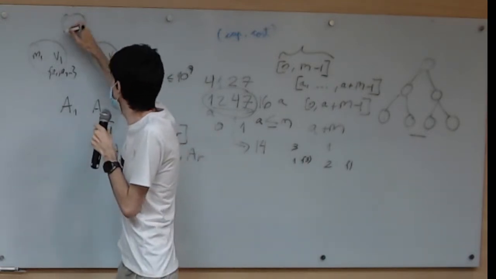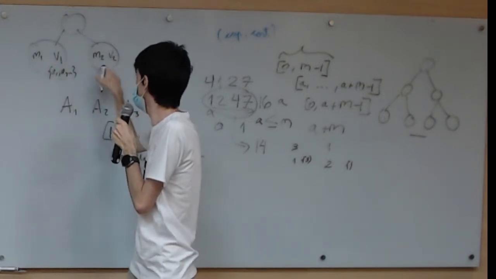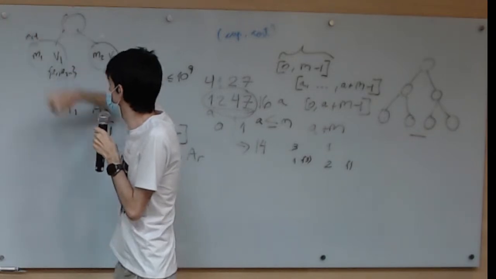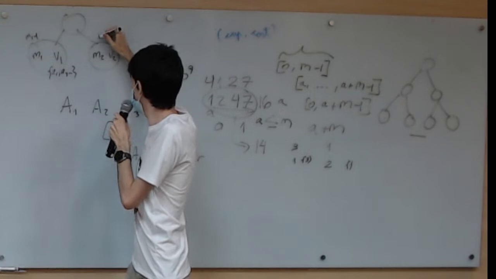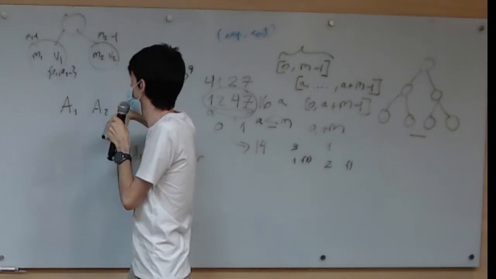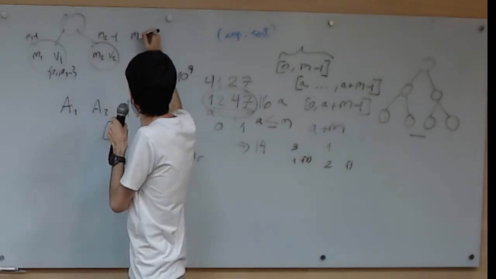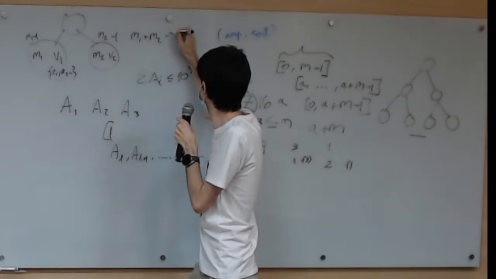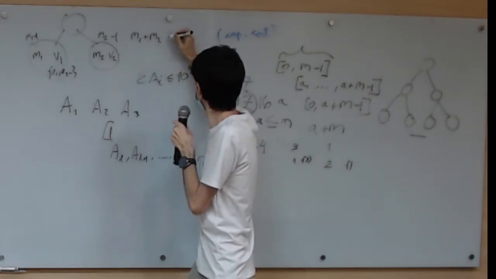Then, to combine these two nodes, we can make all numbers until m1 minus 1, and we can make all numbers until m2 minus 1. So the first number we cannot make is m1 plus m2 minus 2 plus 1, which is the same as m1 plus m2 minus 1.